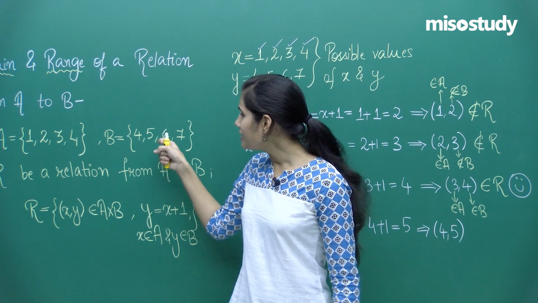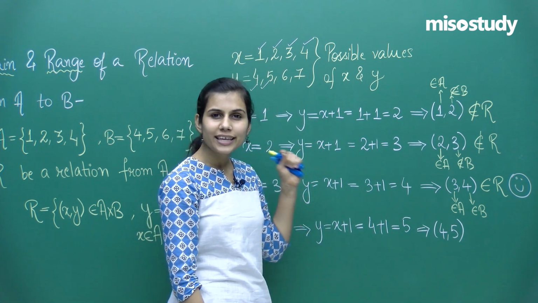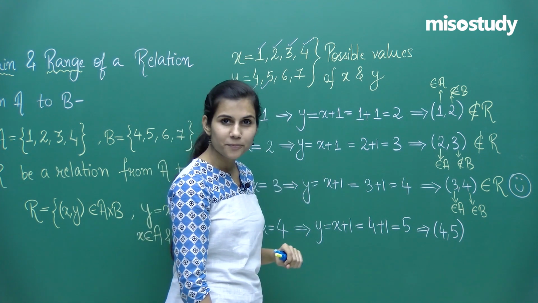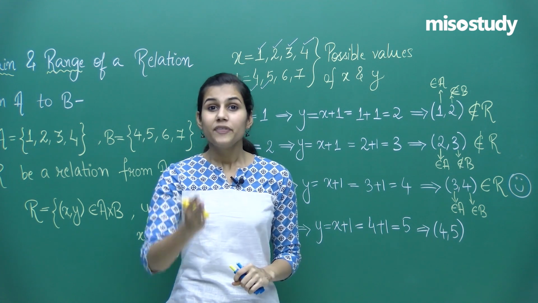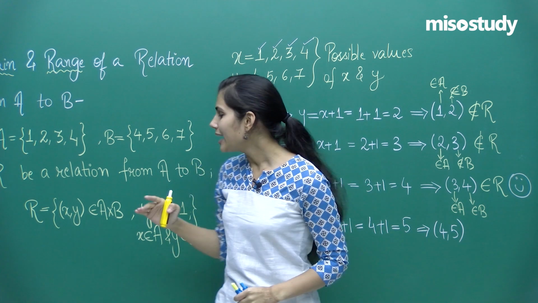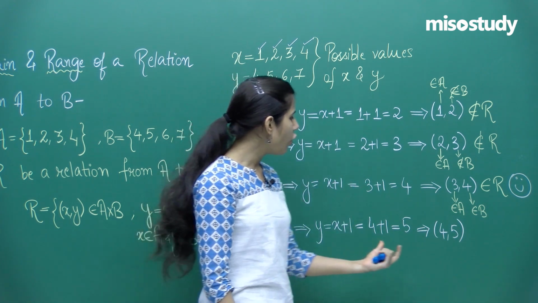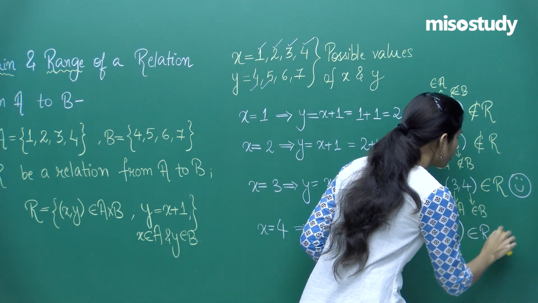Yes, of course, there is a 5 in set B, which I have listed here because y can assume possible values as 5 also. And that is why corresponding to x equal to 4, there is a y, namely 5, which satisfies both the conditions, therefore giving me that the ordered pair 4, 5 is a member of R.